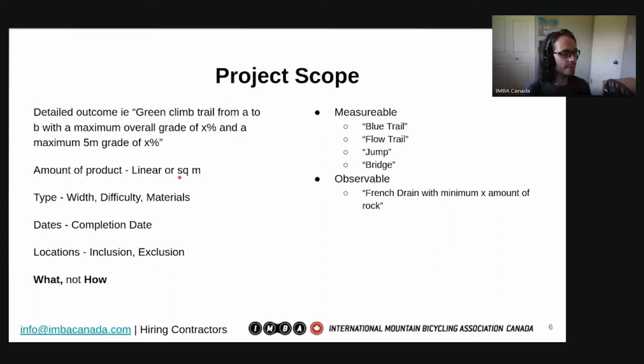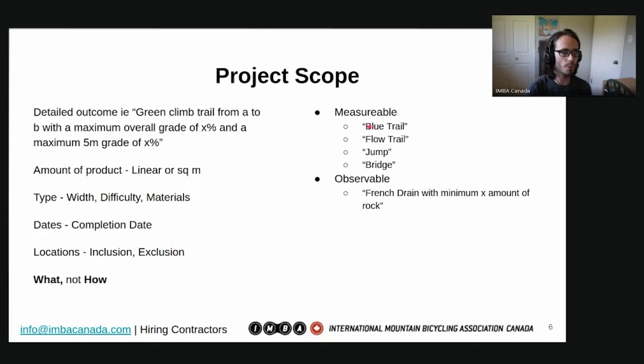When writing the project scope, you really want to focus on measures that you can use to influence the final outcome. So they need to be measurable. So having something like blue trail doesn't really do enough to describe what it is you're looking for. Perhaps blue trail would then refer to some guideline that says obstacles should not protrude more than X amount from this.